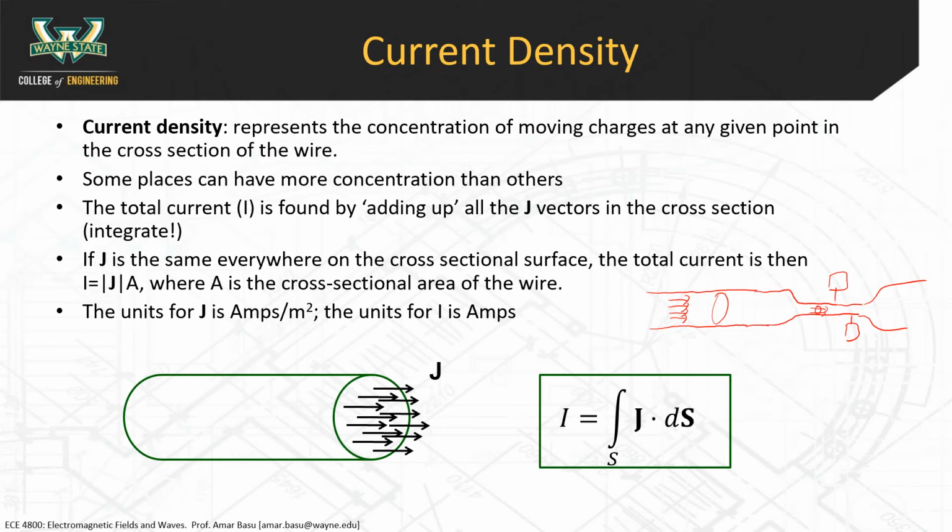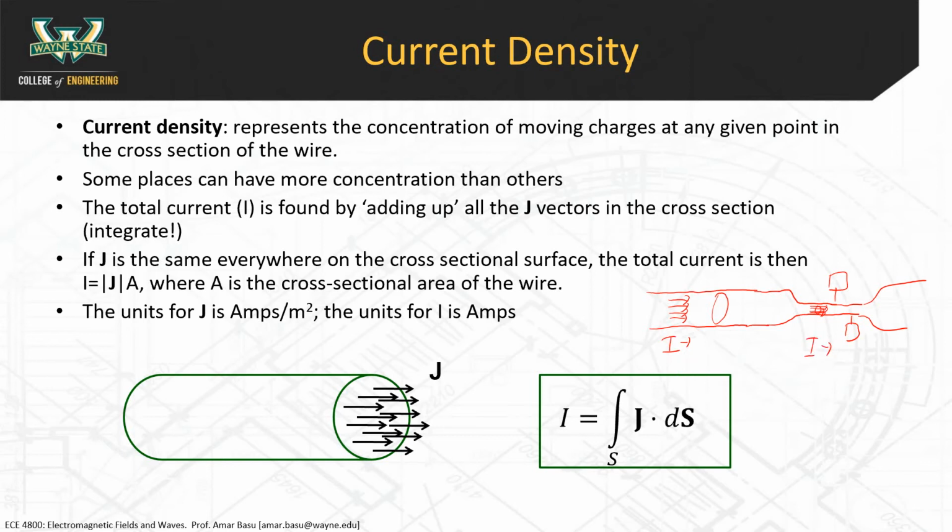Let's say I have 4 arrows here. 4 arrows represent a certain number of electrons flowing through. In this narrow portion here, I still have 4 arrows. Remember Kirchhoff's current law, which says that whatever current you have here, that same current has to be flowing through here.